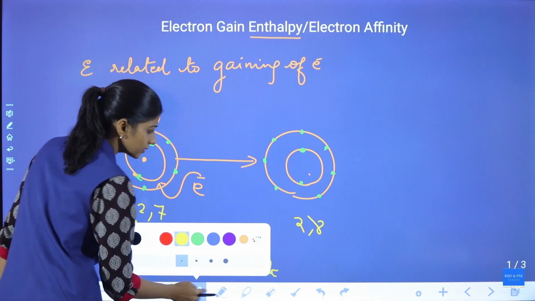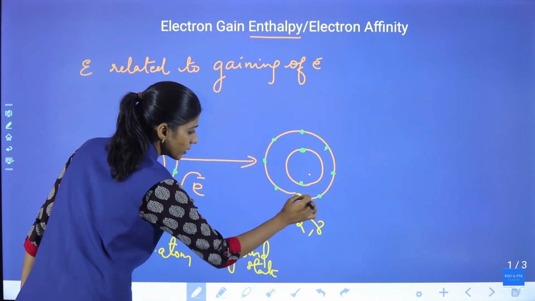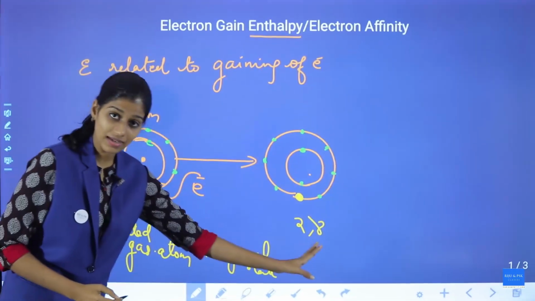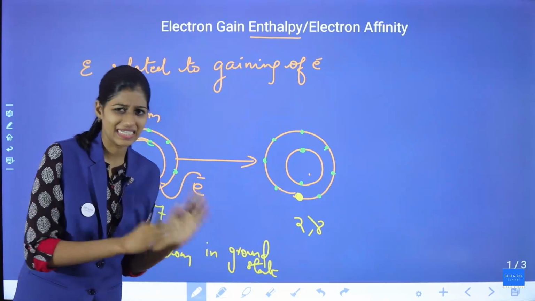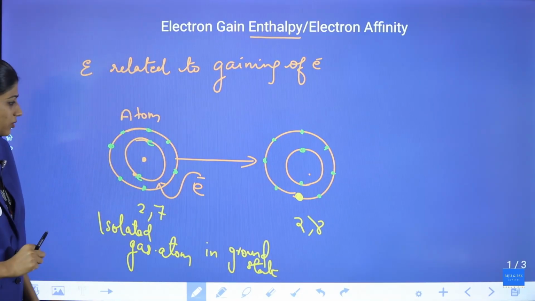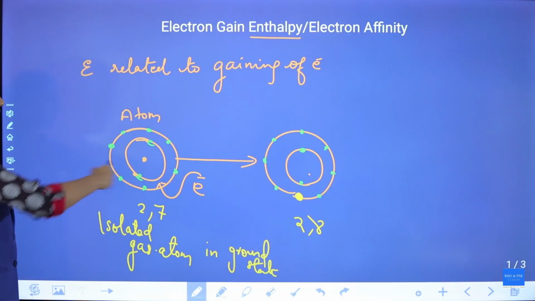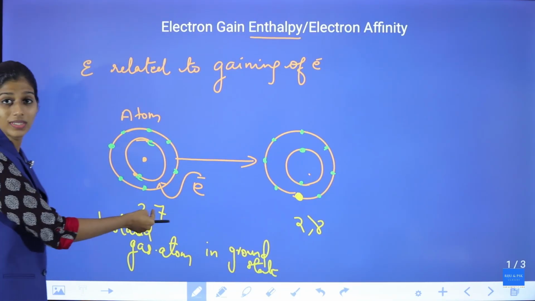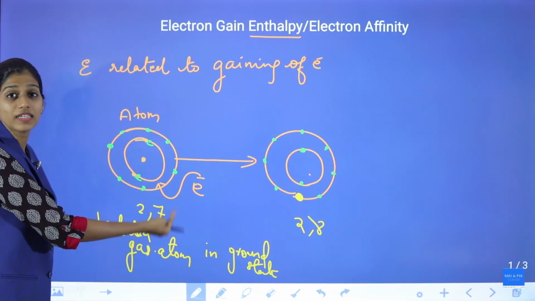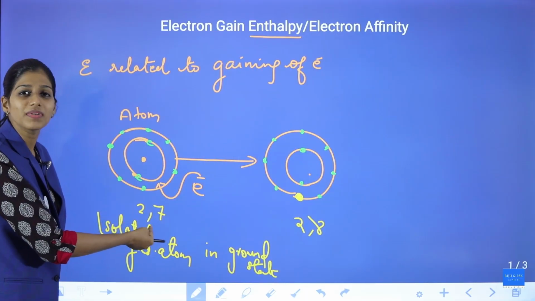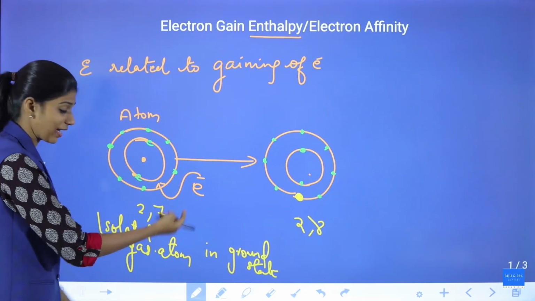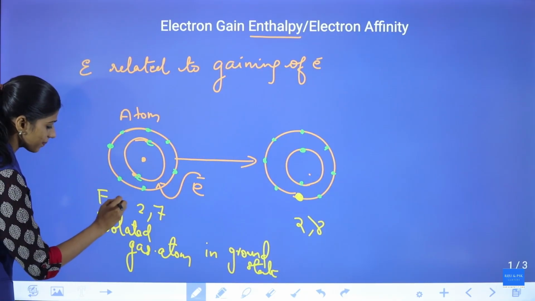I'll say this is the new, extra electron. So in this case, what was this atom? 2, 7. Total number of electrons is 9, so the atomic number is 9. So you have fluorine. This is basically fluorine.